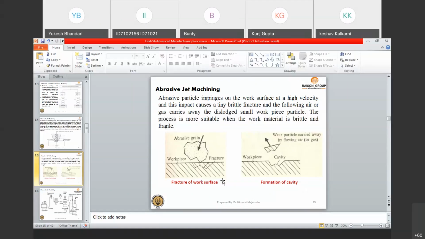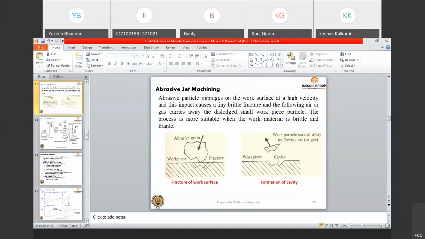So these are the steps to remove workpiece material: first, brittle fracture occurs due to the action of abrasive particles at a very high velocity, then the dislodged particle is carried away by flowing air or gas, and a cavity is formed. In this way, we machine in abrasive jet machining.